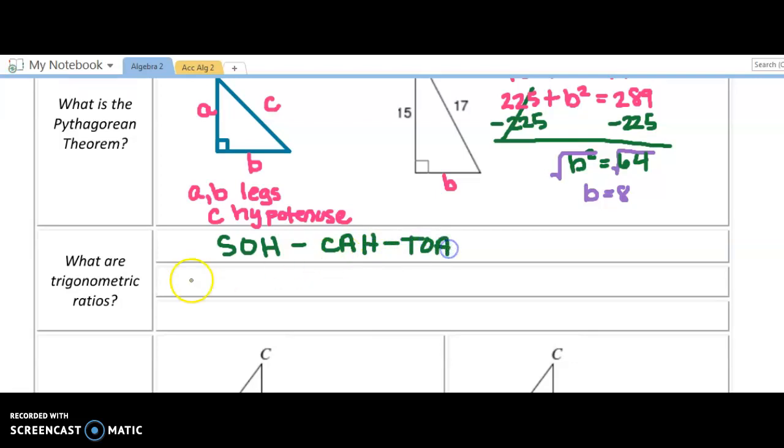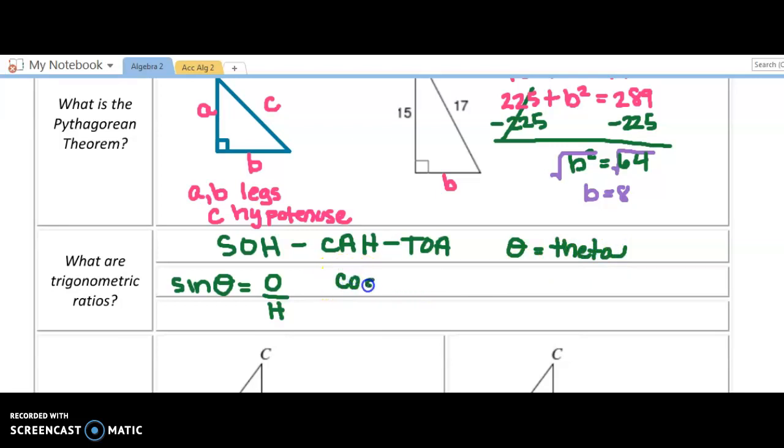All right, so remember, S is for sine. So sine of some angle theta, and then OH means opposite over hypotenuse. Theta is the Greek letter, pronounced theta.